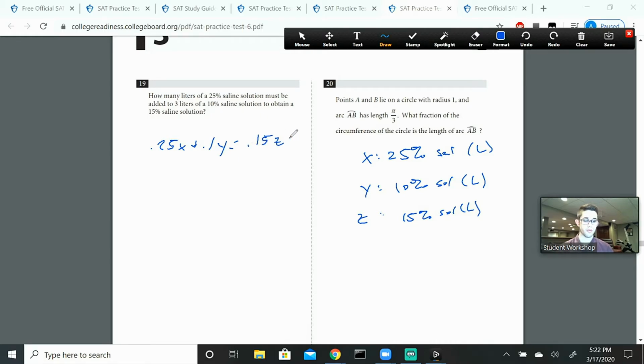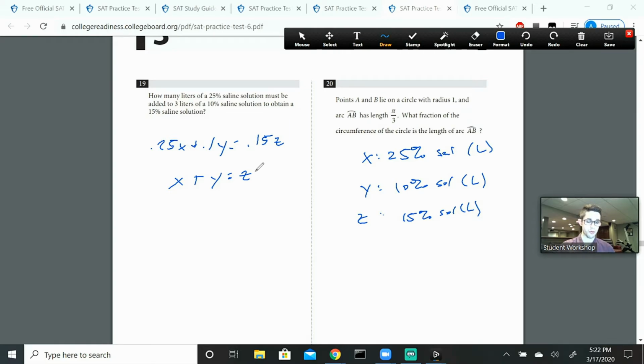That's giving essentially the amount of saline, right? We're finding the percent of saline times the liters, because x, y, and z are all representative of the liters. So that will give us our equation for the amount of saline. But just as important of an equation, we need x plus y is equal to z. That's our initial solution plus our secondary solution equals the final solution in liters, as well as saline amount.